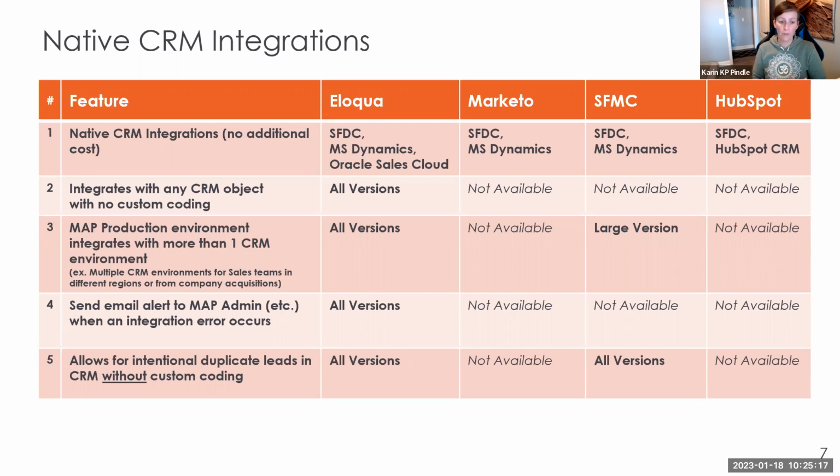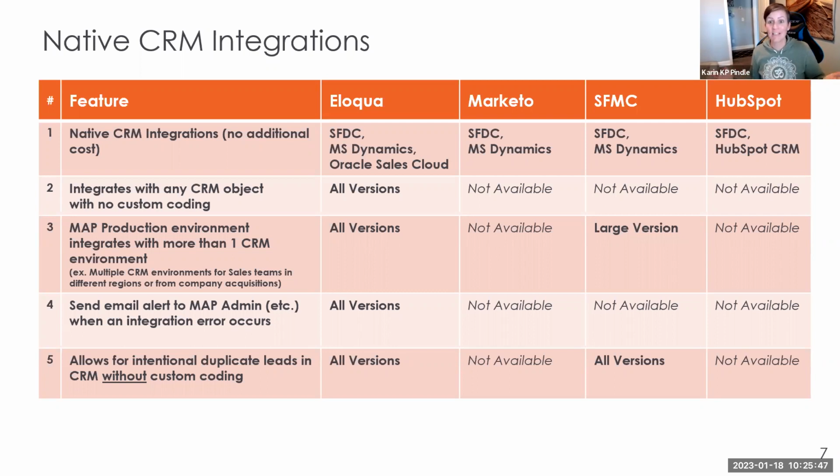Why would you even have duplicate leads intentionally in your CRM? Well, it's a pretty common use case in some companies where they have salespeople selling certain products and only selling a subset of products, but they can't sell other products, and they don't want their salespeople to be able to see each other's leads. So I might reach out as a lead a year ago, buy a product, be a customer, and then a year later, be interested in a different product and need to talk to a different salesperson at an organization.